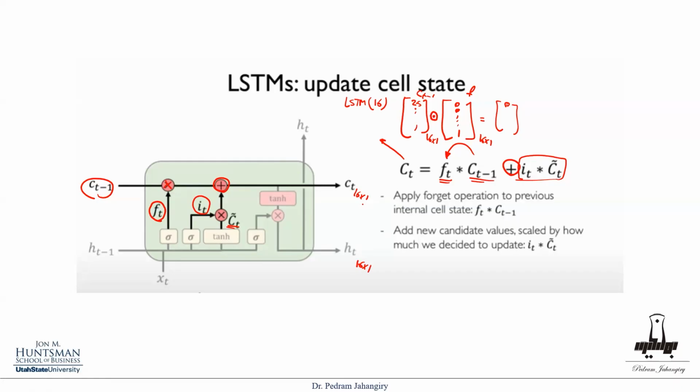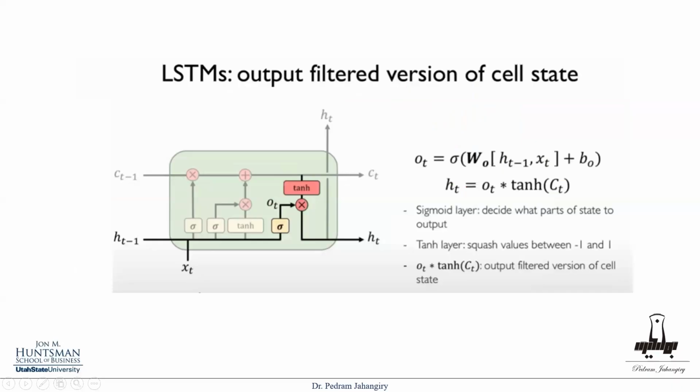Okay. So the last one is your output gate. Look at the output. This is where I told you that the output is a combination of what is coming from short-term memory and long-term memory. So your output, we have OT here. What is this?